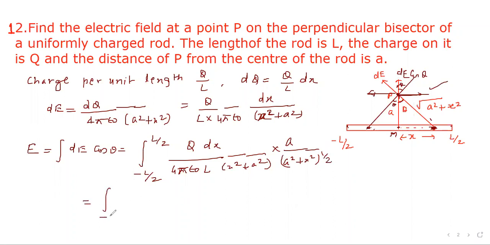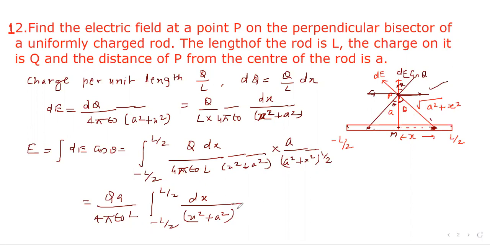We can take Q a upon 4 pi epsilon naught L outside. Then inside the integration, from minus L by 2 to L by 2, we have dx divided by x square plus a square whole power 3 by 2.